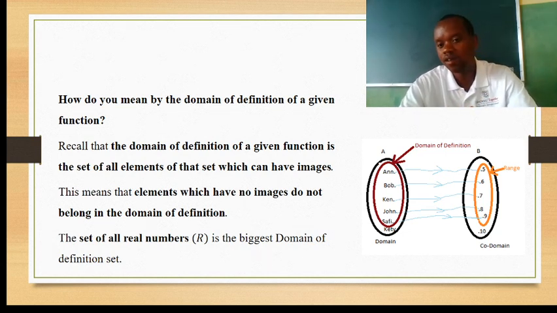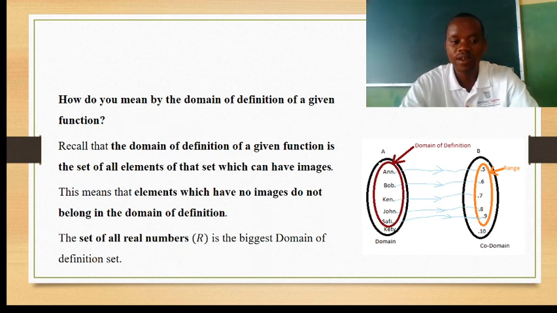And what we have to know now is that the set of all real numbers is the biggest, the largest, or the main domain of definition set. The other domains of definition are subsets of this set of all real numbers.